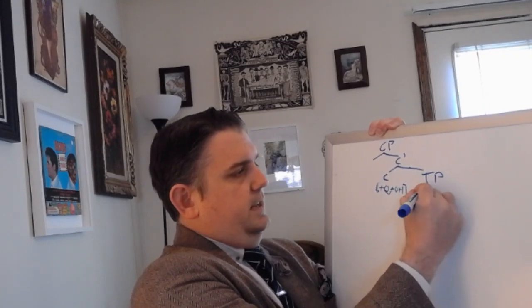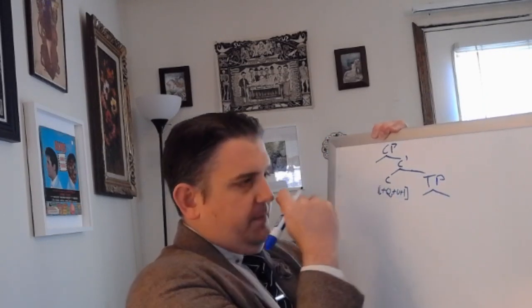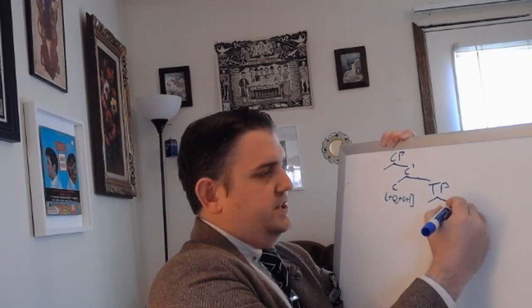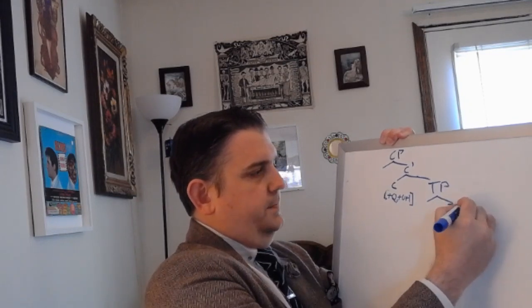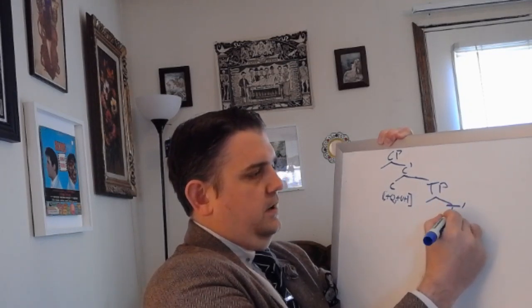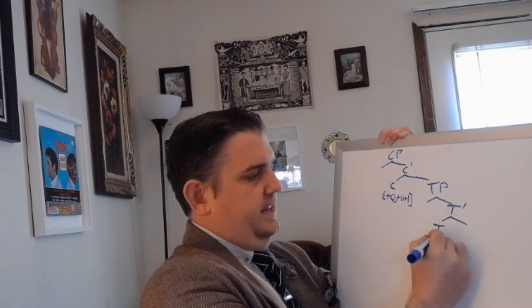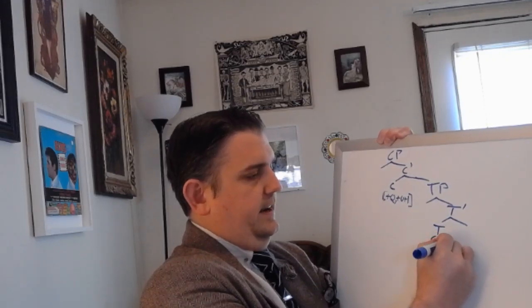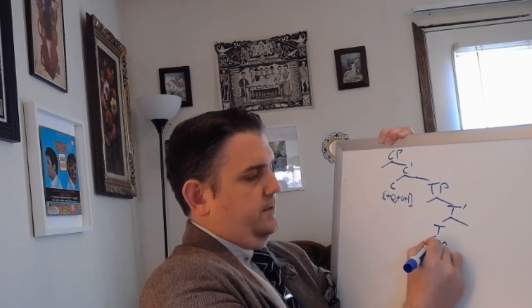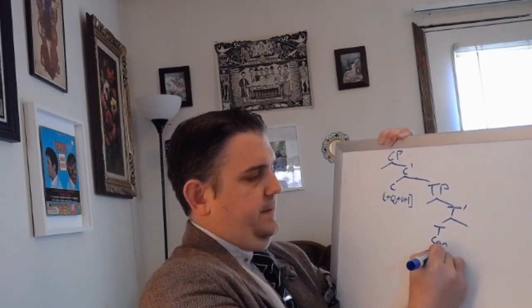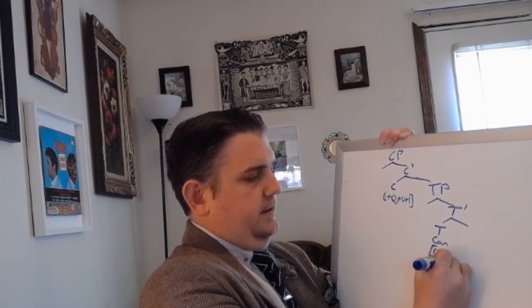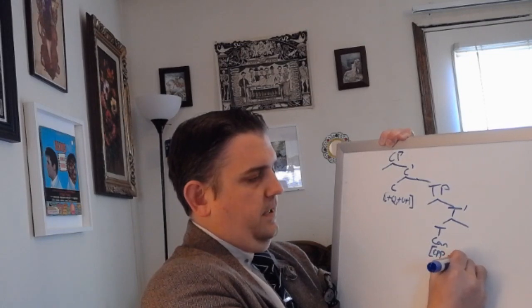We have our TP here. This time I'm going to be a little bit better about filling in our features. T-bar, T, so this T, can, has a couple of critical features here, namely it has EPP, and it also has nominative case.